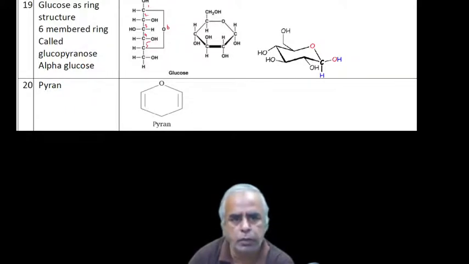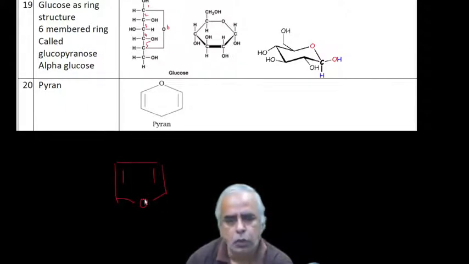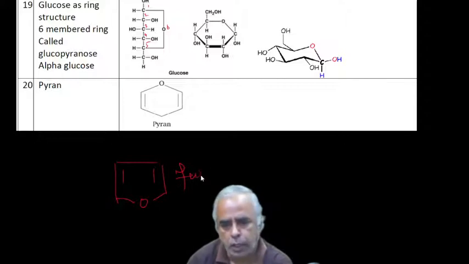The furan ring structure will be a 5-membered ring like this. So this is known as furan, and a structure similar to the 5-membered ring can be called furanose. Actually, fructose is a furanose, whereas glucose is a pyranose.